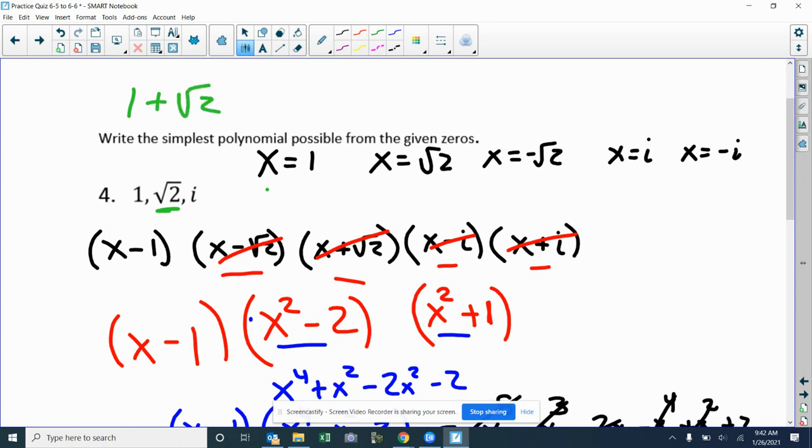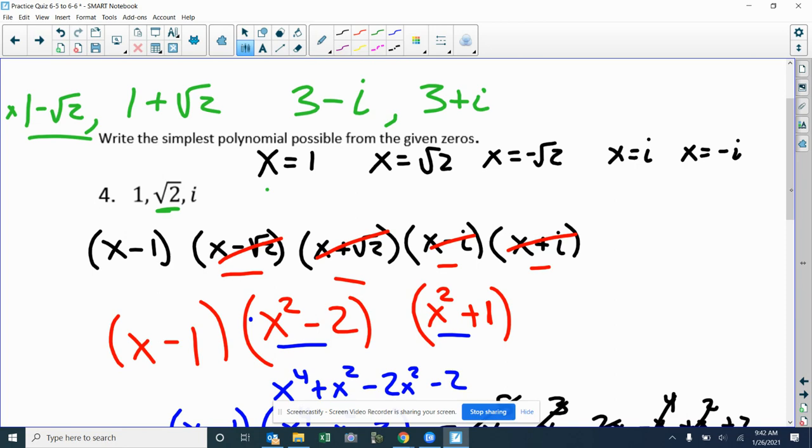You had a little bit more work to do, didn't you? I had 3 minus i, and remember, if I have 3 minus i, I also have what? 3 plus i, okay? If I have 1 plus the square root of 2, I also have 1 minus. So those you'll be foiling. You'll set them equal to x, bringing that over. We did that yesterday, right? Everybody good?